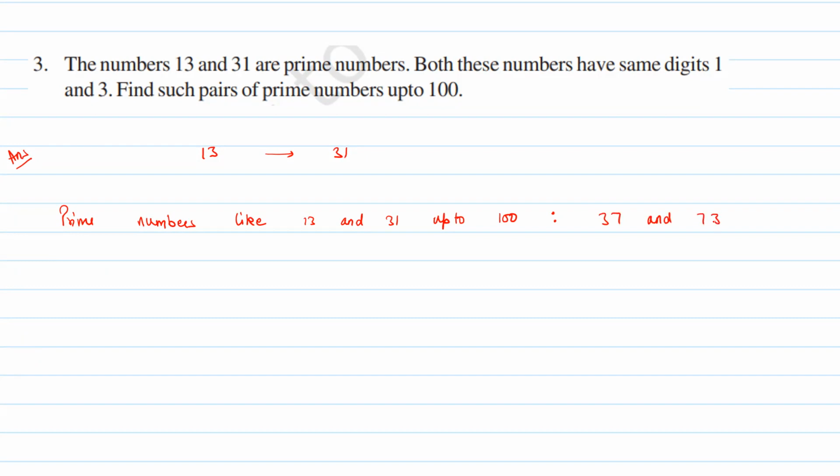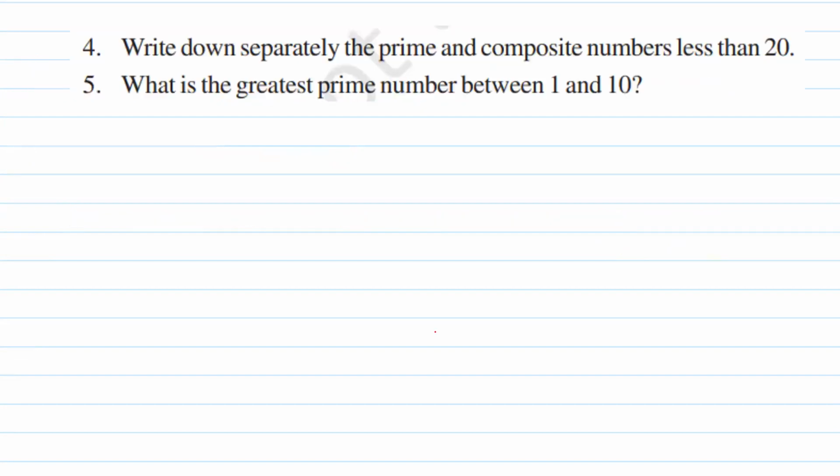Then we can have 79 and 97. Up to 100 we have to write, right? Then we can have 73 and 37, which we have written. Yes, that's it, because except these, we do not have any prime numbers like these pairs with reverse digits.